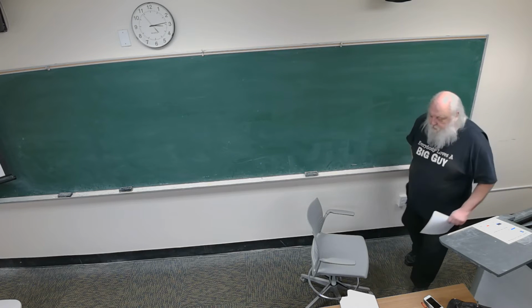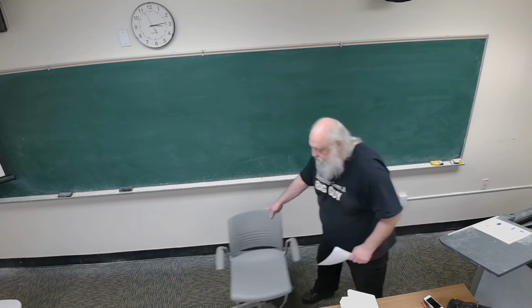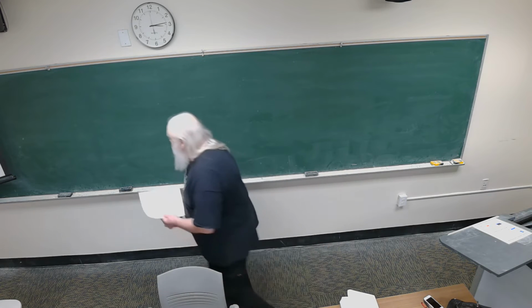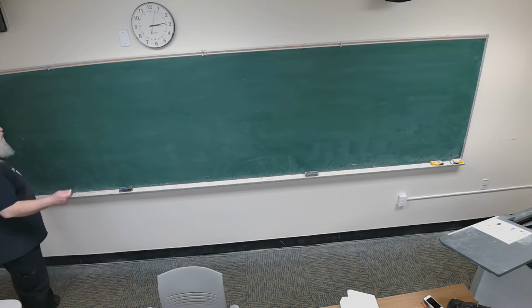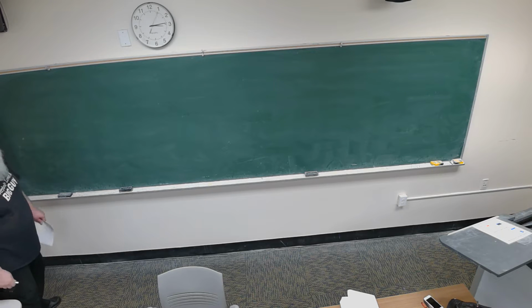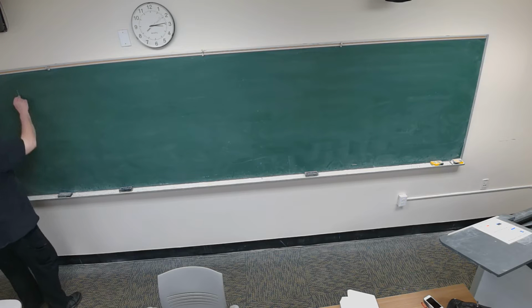Today. Okay, we started that yesterday. And so let's just remind ourselves what L'Hopital's rule is in a nutshell. We have the limit as x approaches a of f of x over g of x.